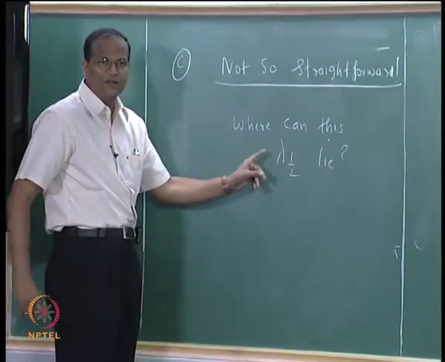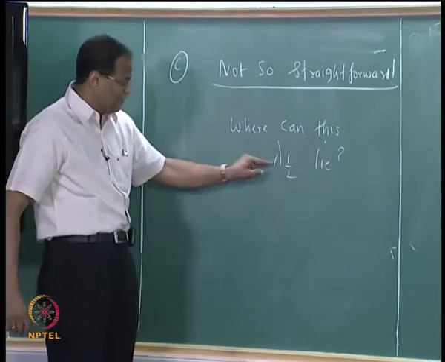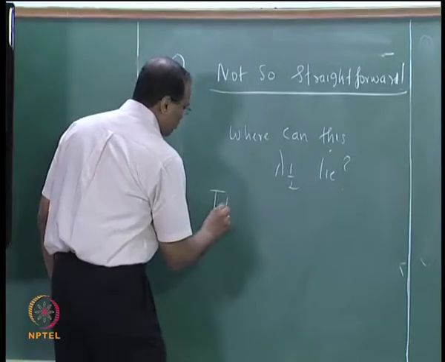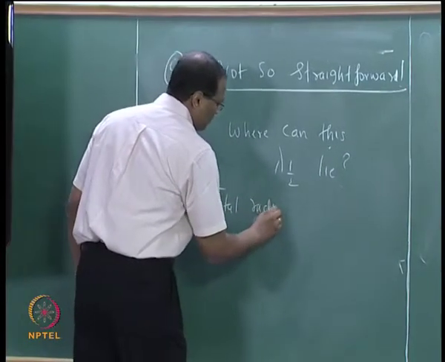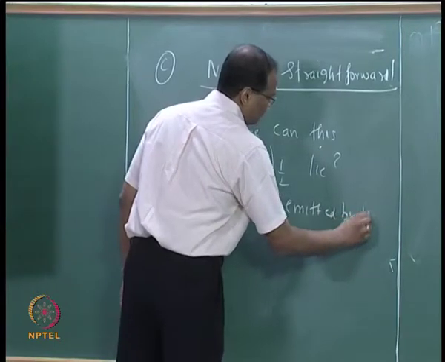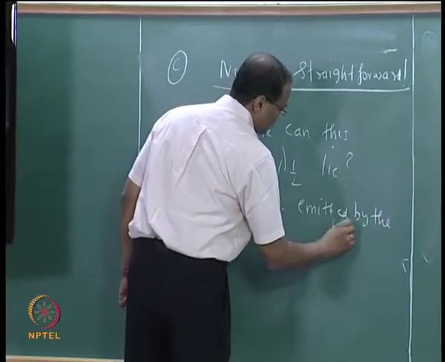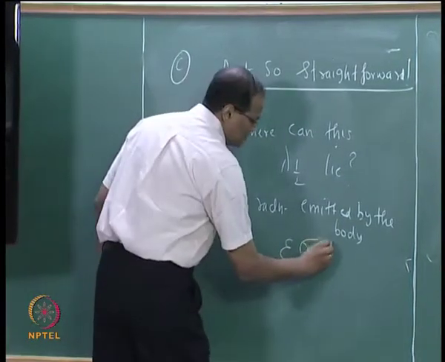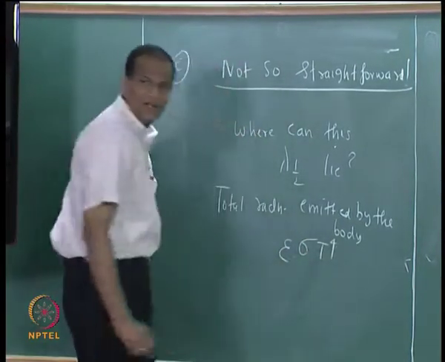What does it mean? First we have to find out what this lambda half is. The total radiation emitted by the body: epsilon, correct?